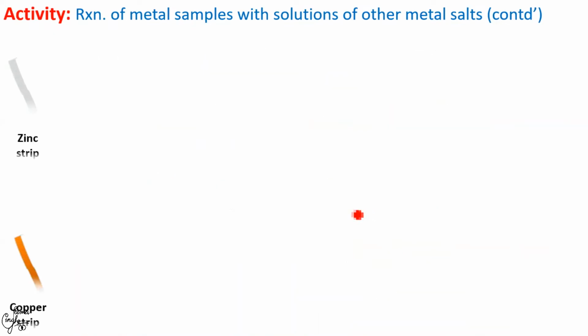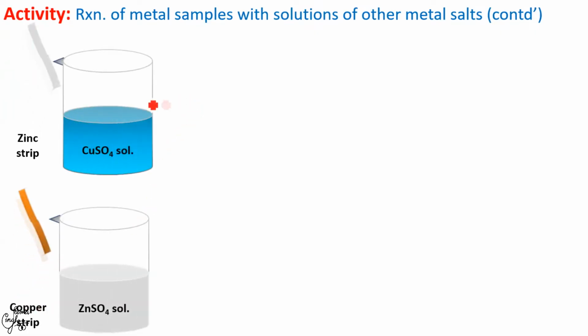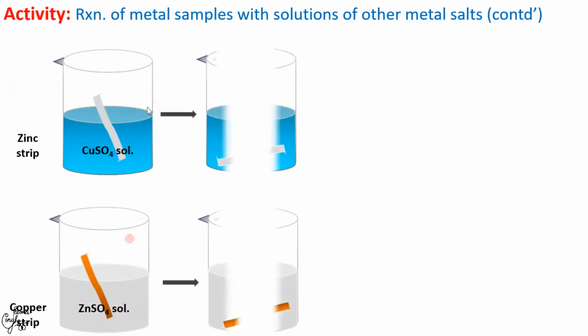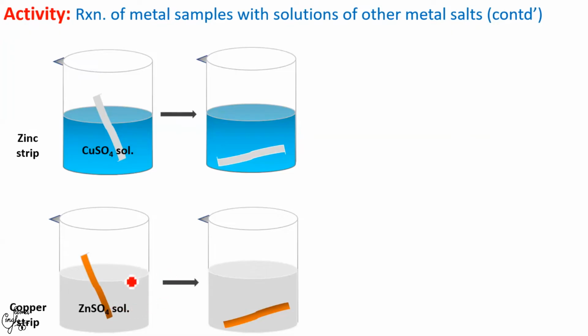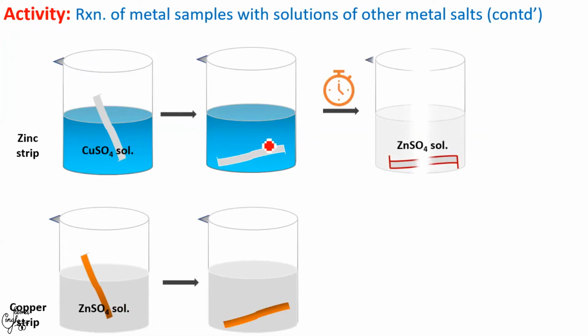Similarly, if we consider zinc and copper metals dipped in blue color solution of copper sulfate and colorless zinc sulfate solution, we observe after some time that zinc displaces copper and thus turns the blue color solution into colorless zinc sulfate solution. Also, the displaced copper deposits on the zinc metal strip.